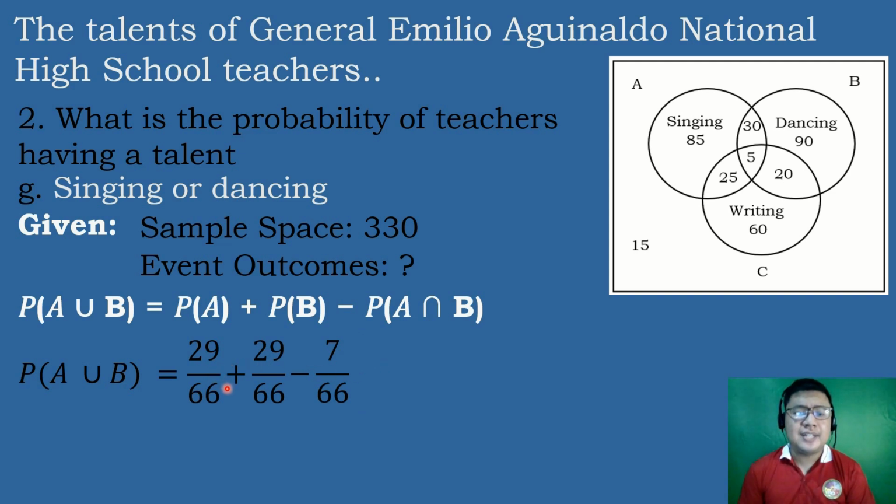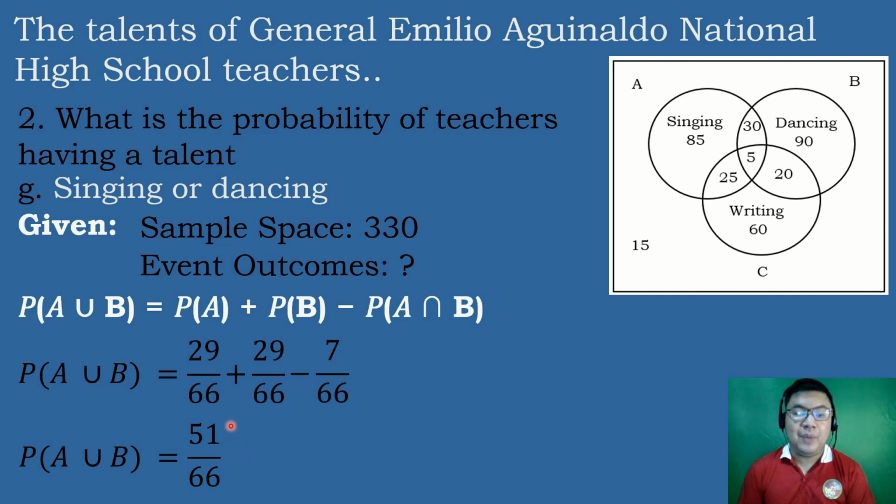And then after we have the probability of A, probability of B, and probability of A intersection B, we will be adding and subtracting these numbers. Since this is a similar fraction, we will just copy the denominator and add and subtract the numerator. 29 plus 29 is equal to 58, minus 7 is equal to 51.